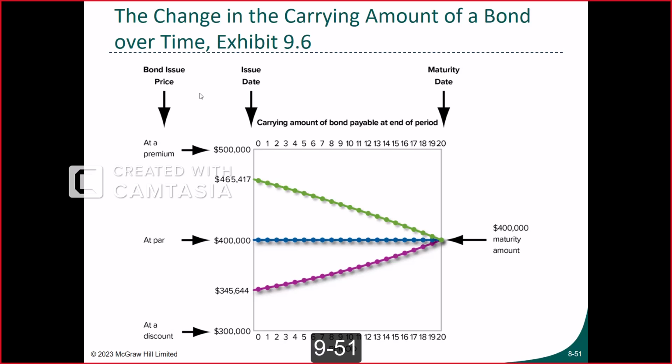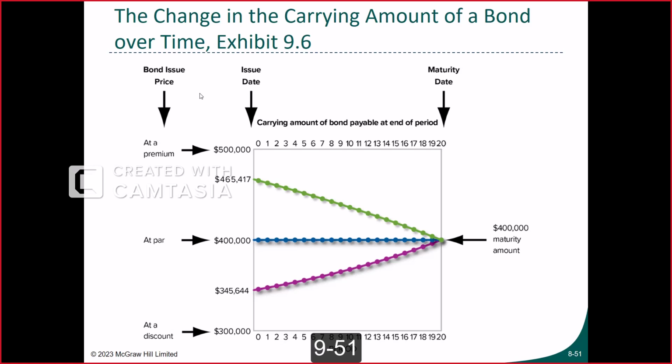Credit cash for $12,000. Balanced. No bonds payable neither at the debit side nor at the credit side. At the maturity day, debit bonds payable for $100,000, credit cash for $100,000. So this is the theoretical case that will never happen in reality.